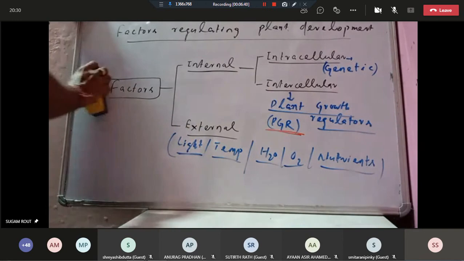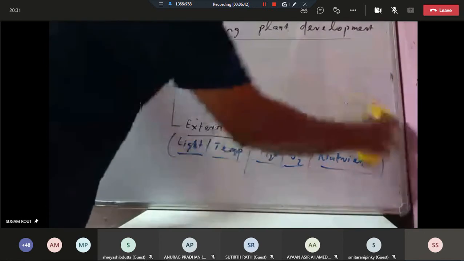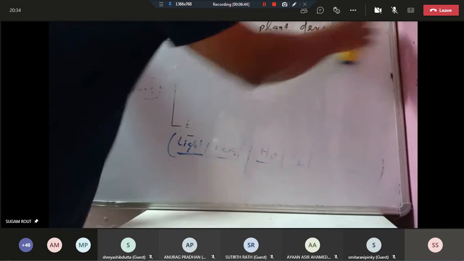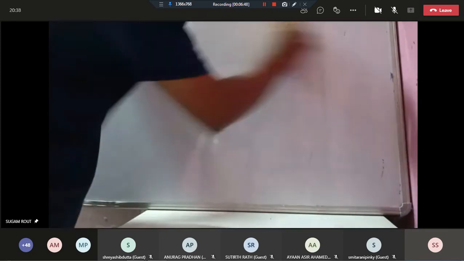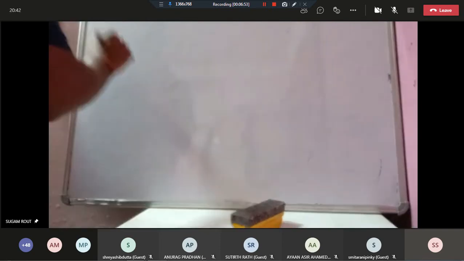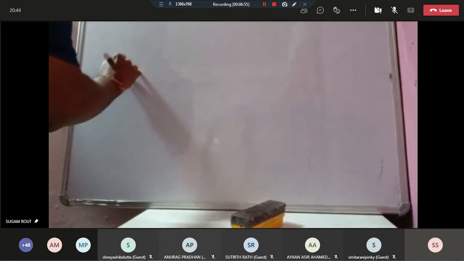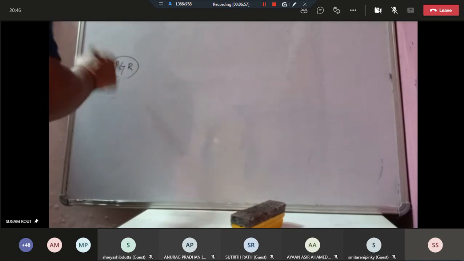So next, I'll go into details about the PGR, plant growth regulators, that is phytohormones. PGR is the short form of plant growth regulators.